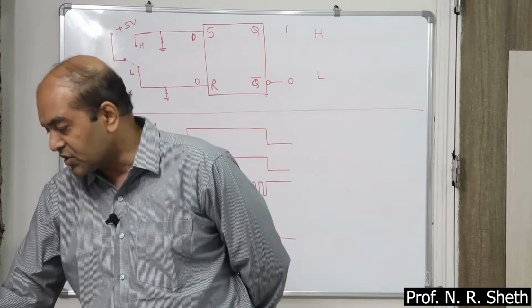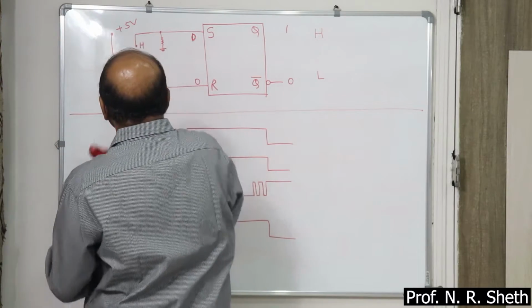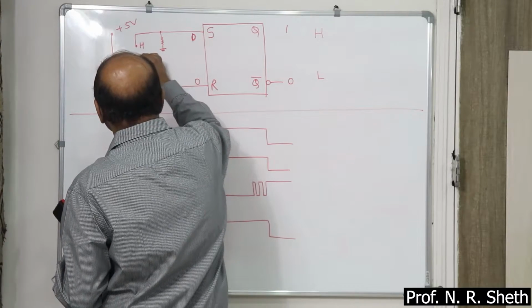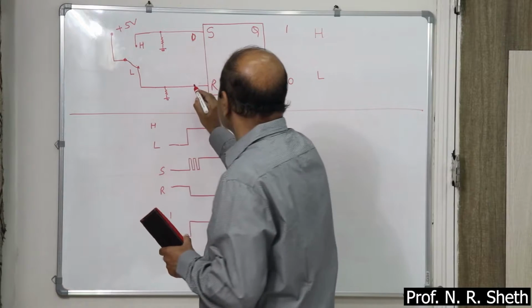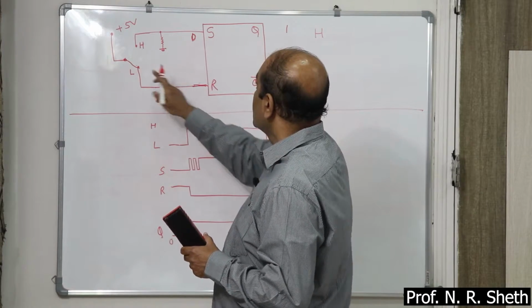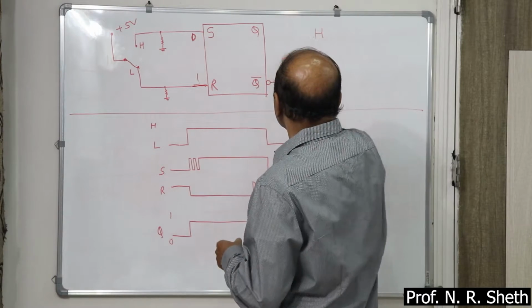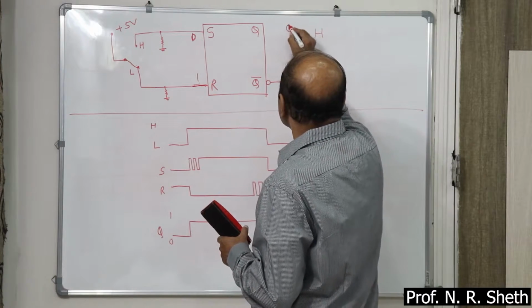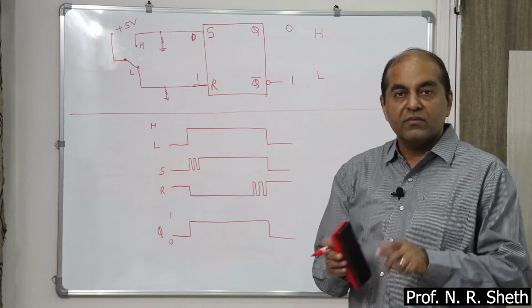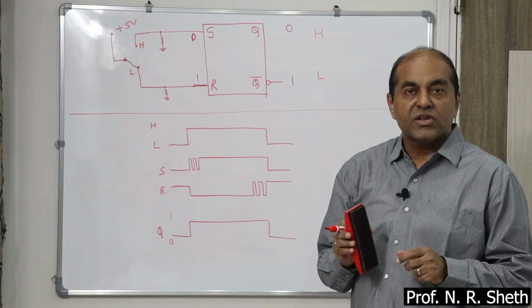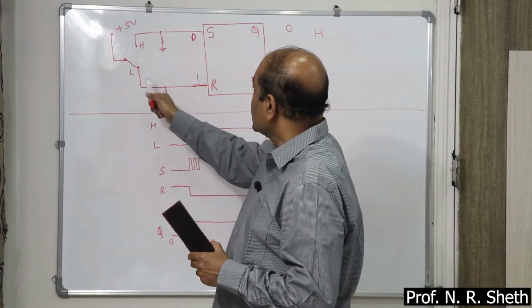In the second position, suppose we assume that the switch is in the lower position. When the switch is in the lower position, S is 0, R is 1. And at that time, Q is 0, Q bar is 1. Now when a change occurs, a transition takes place, what happens?